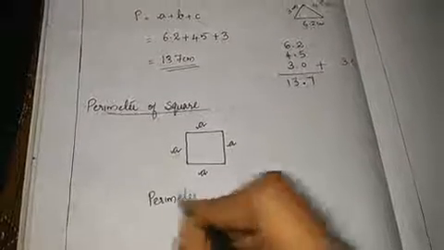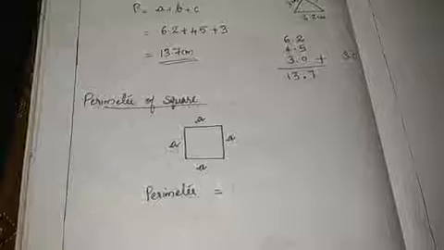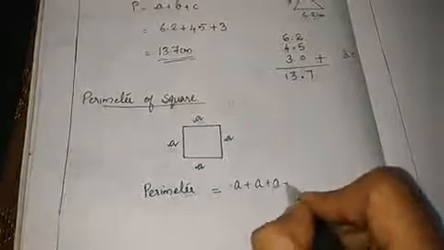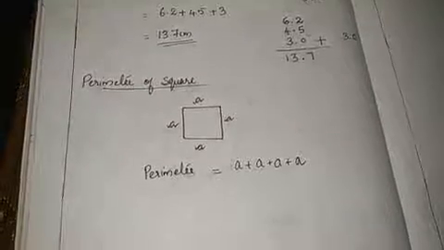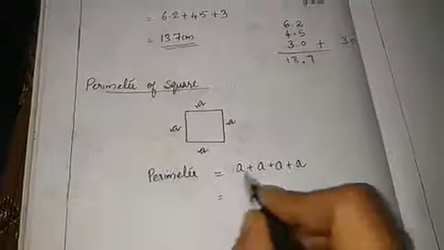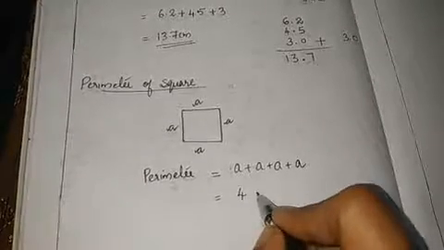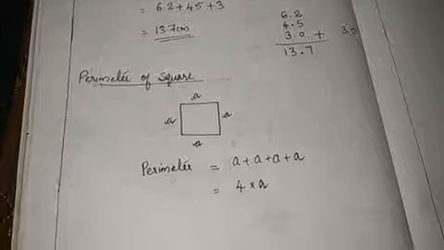What is the perimeter? Total boundary length, right? So A plus A plus A plus A. How many A's are there? 1, 2, 3, 4. So this we can write 4 into A.